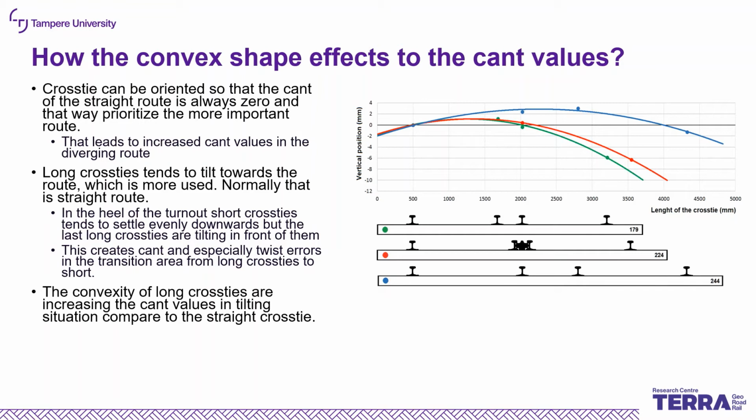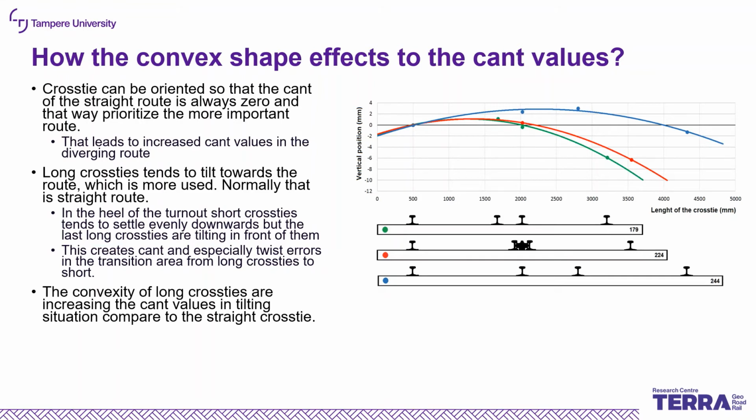But when you orientate crossties like that, you can see that the cant value of the diverging route could be 6 millimeters. So this kind of orientation is really increasing the cant values in the diverging route.